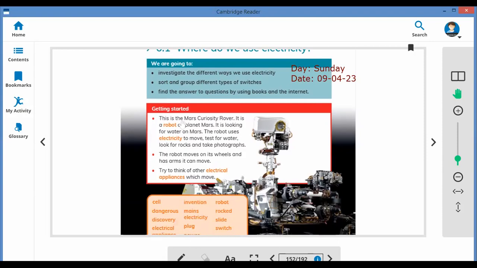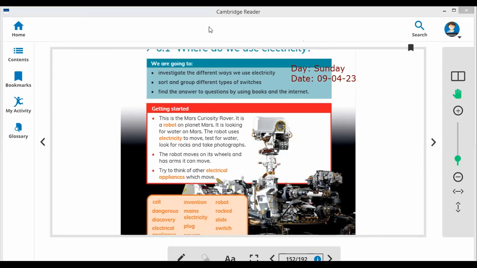Okay. Getting started, this is the Mars Curiosity rover. It is a robot on planet Mars. It is looking for water on Mars. The robot uses electricity to move, test for water, look for rocks, and take photographs. Scientists have made this robot and put it on Mars.